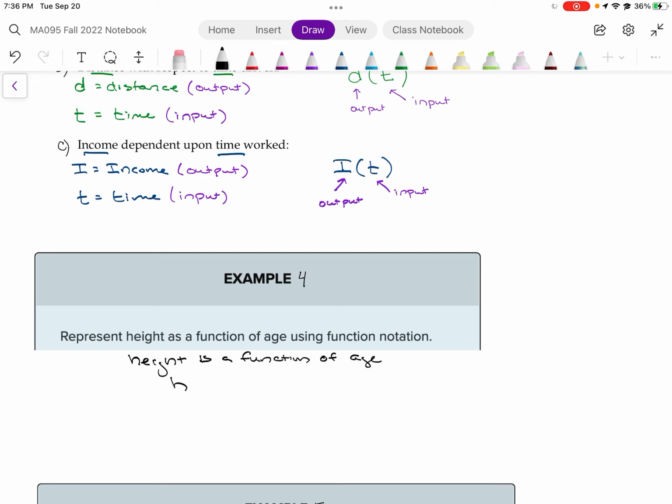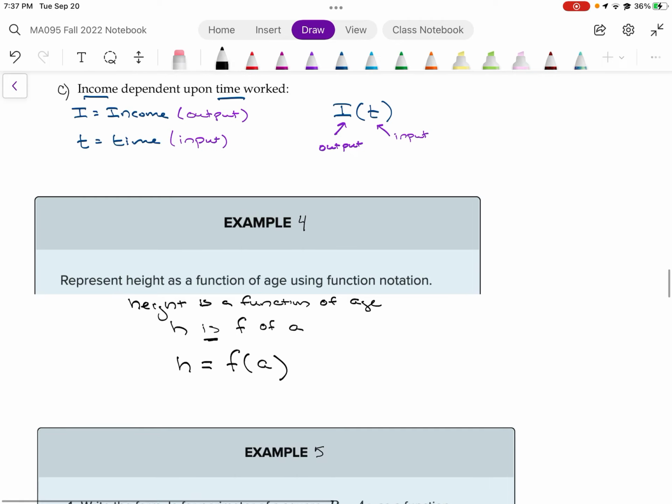H is a function, we'll use f, of age, a. So height is a function of a. So output is a function of input.